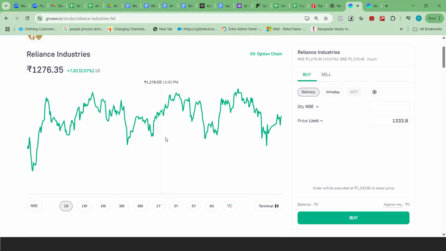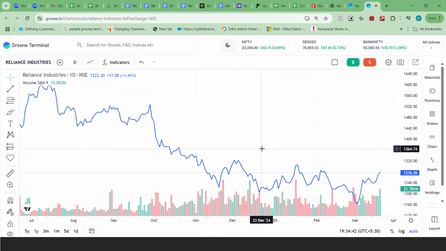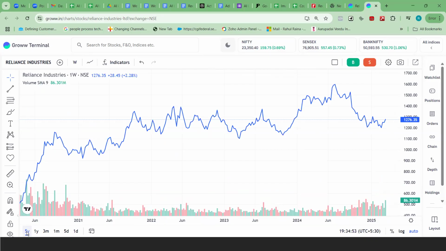I want a chart which gives me more information. This is useless for me. This is not giving me any trend or anything. For some people, let's say if my investment horizon is 5 years, then I can still make something out of this chart. But it is not that useful for a trader.